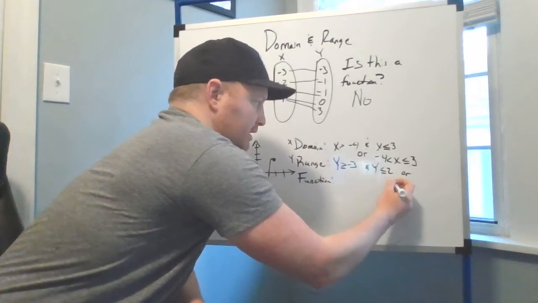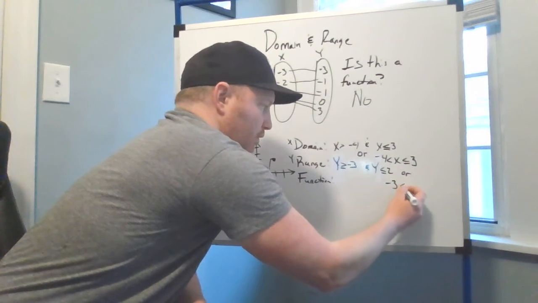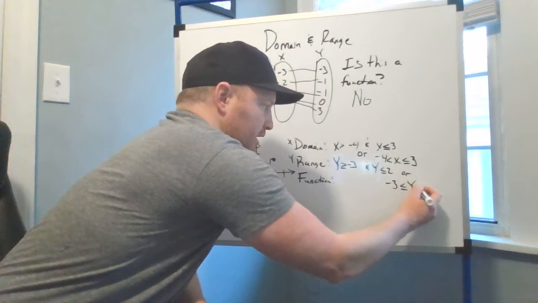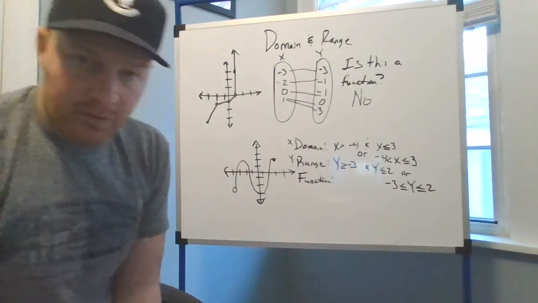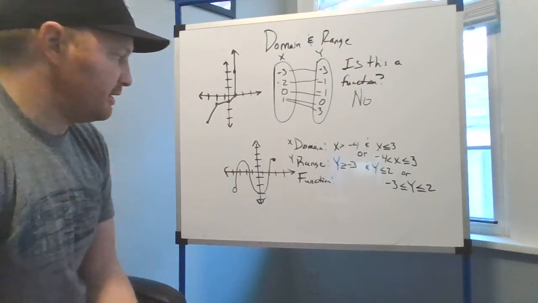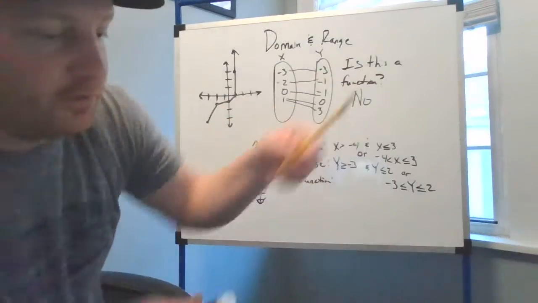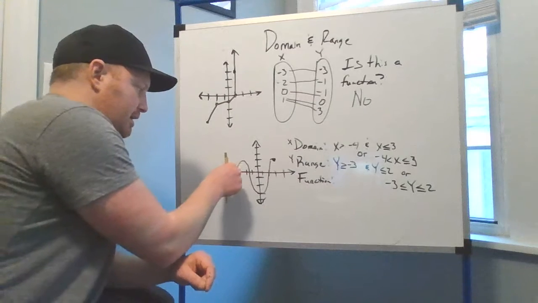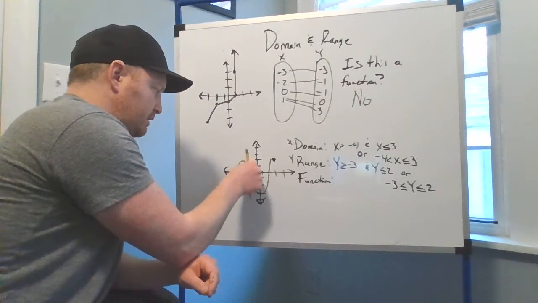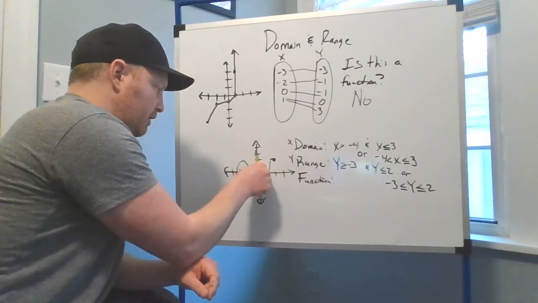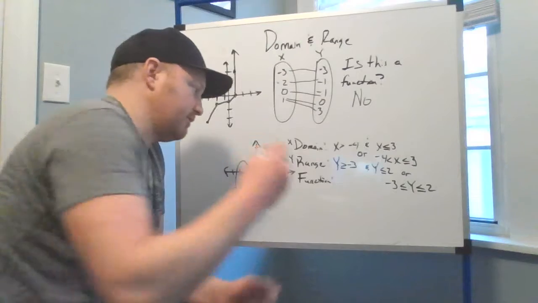Or you can just say Y is greater than or equal to -3, but also less than or equal to 2. Either format will suffice for this. And is this a function? Take your vertical line, whatever it may be, and I can see my graph only hits my vertical line once every time I move it along here. So this does pass the test, and yes, this is a function.